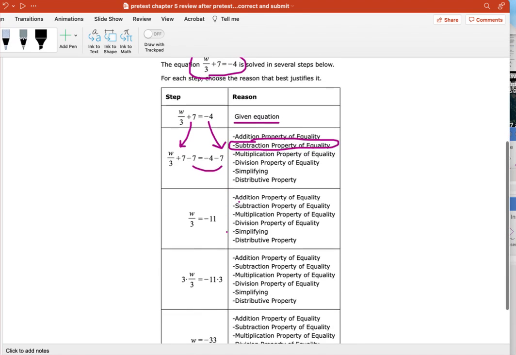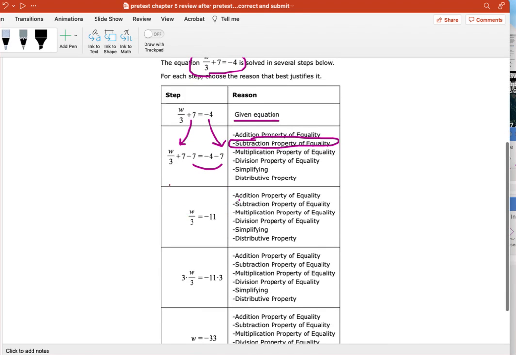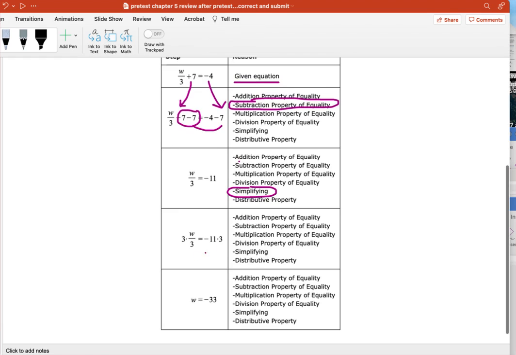Then we move on to the next step, and it says w over 3 plus, and look at that. That just disappears, and they leave w over 3. Over here on the right, -4 minus 7 is -11. So all they're doing in this step is simplifying. The next one, they take w over 3 and it turns into 3 times w over 3.